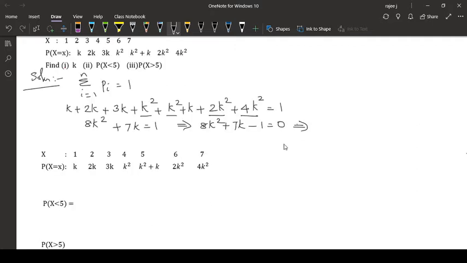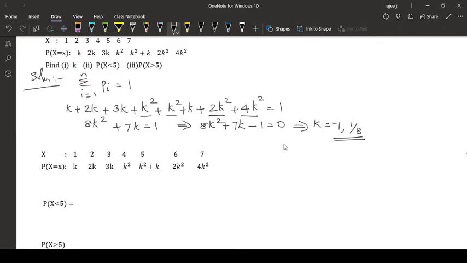Therefore, on solving this we get k is equal to minus 1 and 1 by 8. Then here I can choose only one value. Which can be that value? Only one value of k is valid.